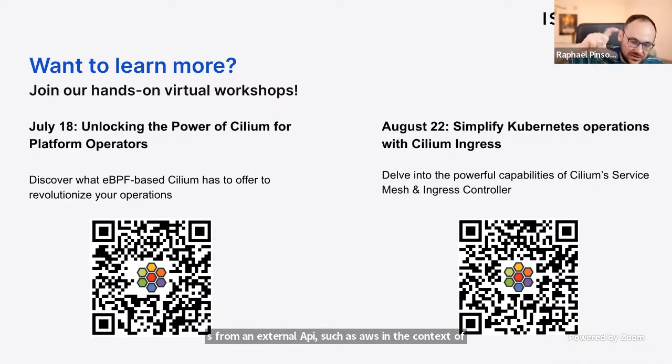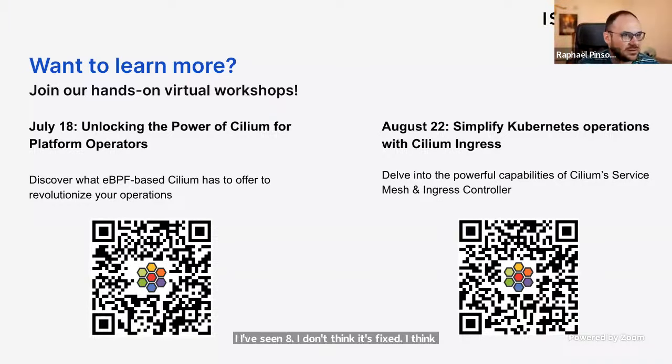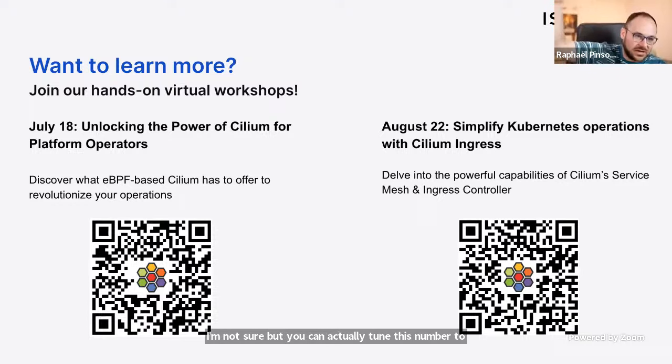And you can actually tune the number of IP addresses you will buffer. I think by default, I've seen 8. I don't think it's fixed. I think it depends on the number of CPUs, so it changes with the size of the machine. I'm not sure. But you can actually tune this number to retrieve more IP addresses, at least in the case of Cilium, right?